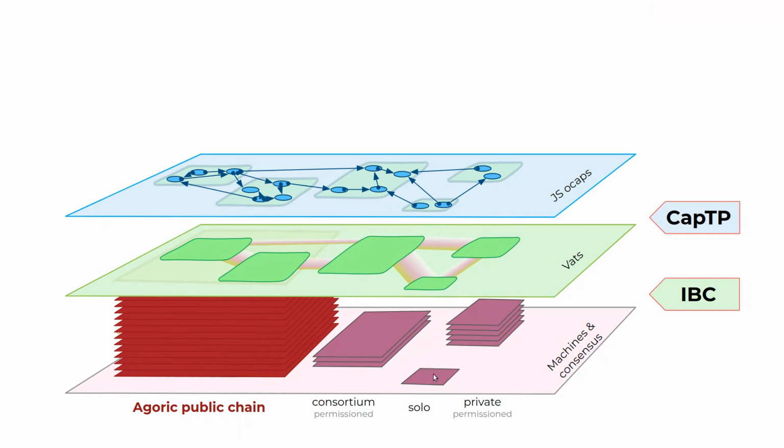Okay, cool. Just one more thing to clarify. Should every dApp have an instance of AG solo running, or should it be connected to its own solo machine? Only if it needs an off-chain component.